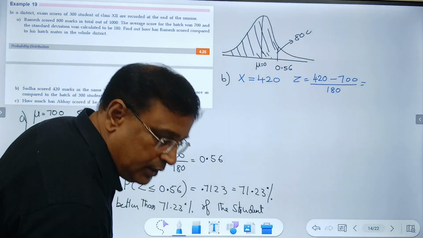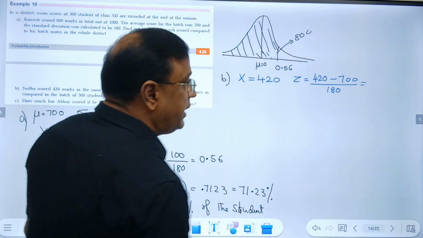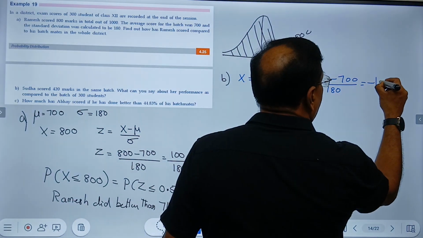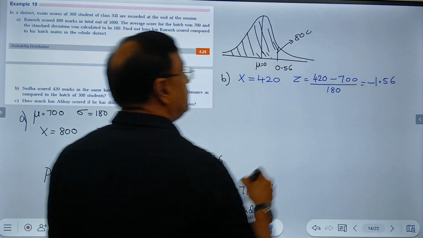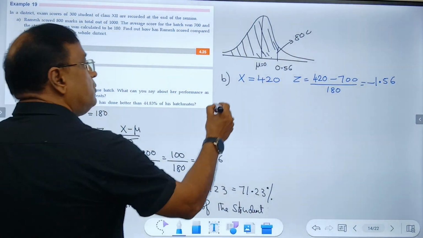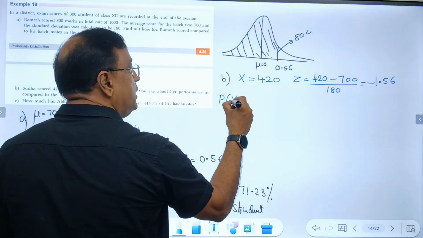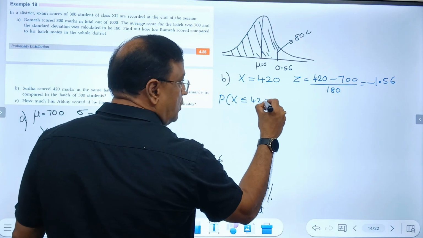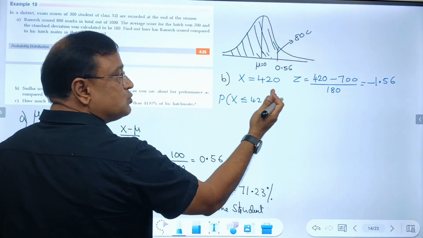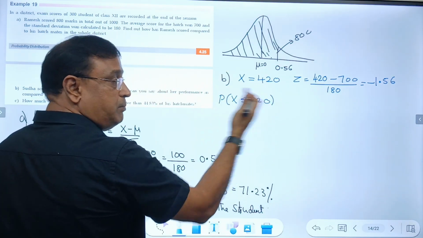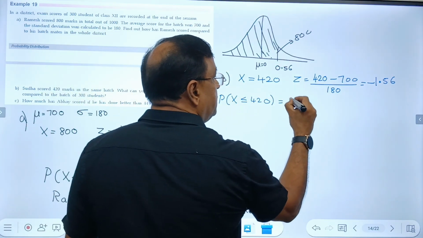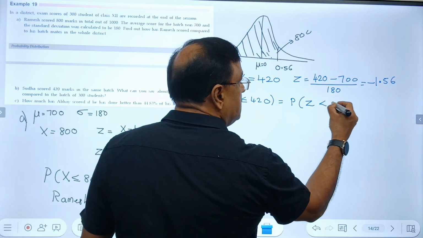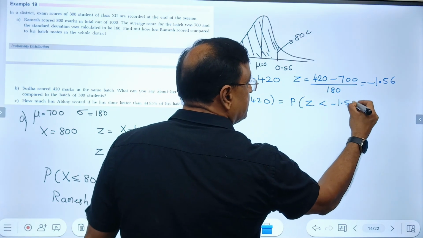When we calculate this, I am getting minus 1.56. So I want to know how many percentage of students are there below 420. So that is P of Z less than minus 1.56.